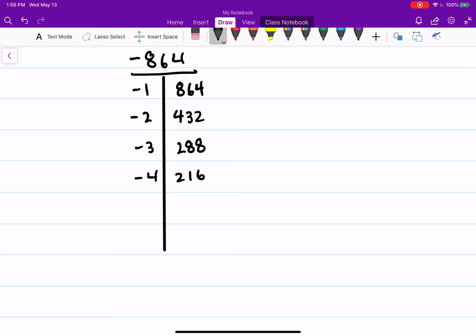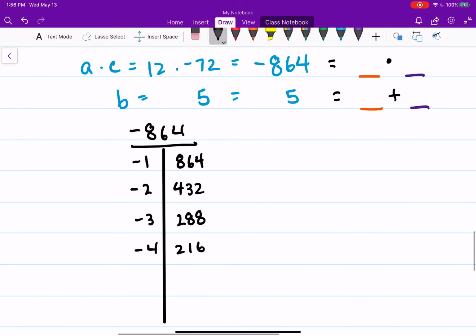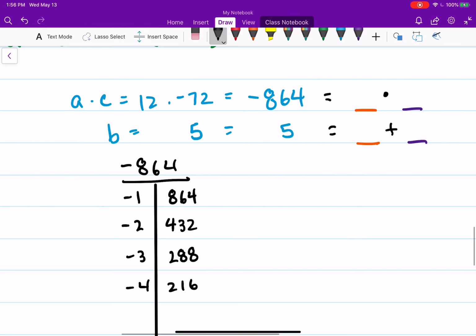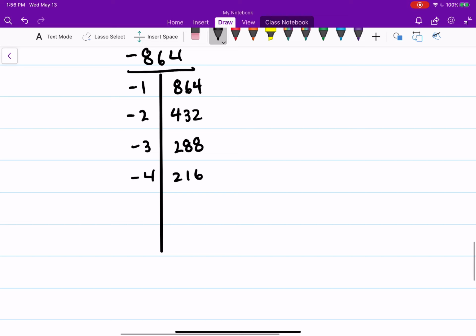All right, so here's where I'm starting to think. I need the number on the left side getting bigger in the negative, and the numbers on the right to get smaller so that we can get closer to a difference of 5, okay? So let's try negative 8. 864 divided by 8 is 108.